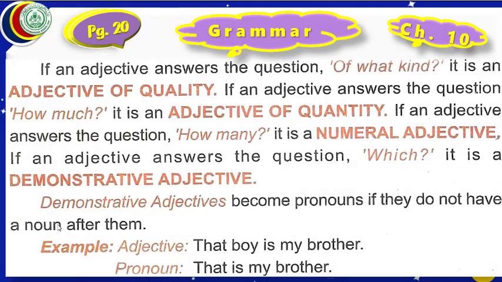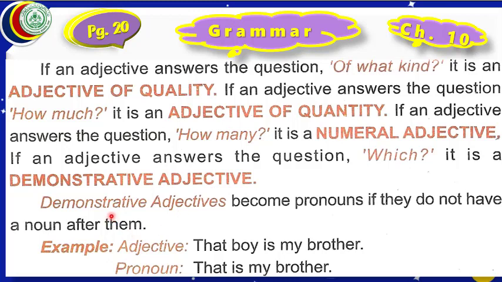This is the second part of this lesson. If an adjective answers the question what kind, it is an adjective of quality. If it answers how much, it is an adjective of quantity. If it answers how many, it is a numeral adjective. If it answers which, it is a demonstrative adjective.